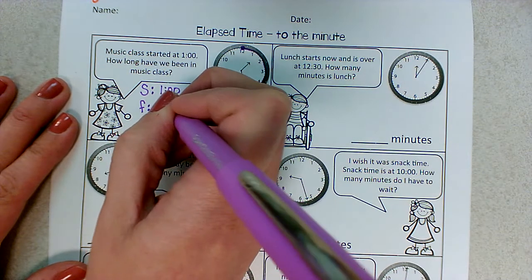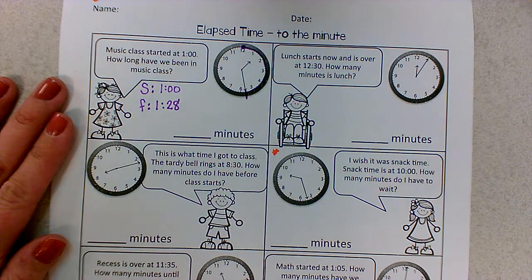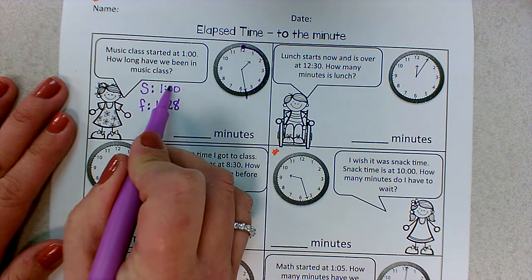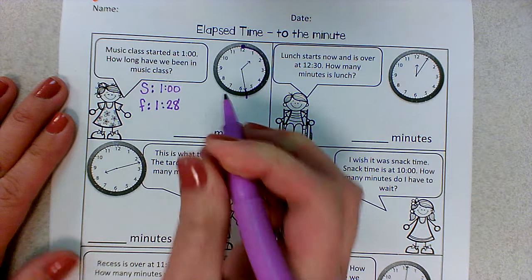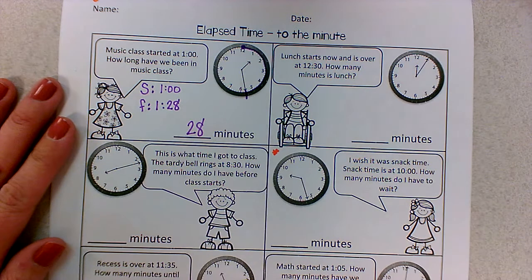So when I finish, it is 1:28. Well, this works out nicely, fourth graders, because my hour is the same, and I started at 0. So I can easily see that it has been 28 minutes. And I did that by looking at my start and my finish.